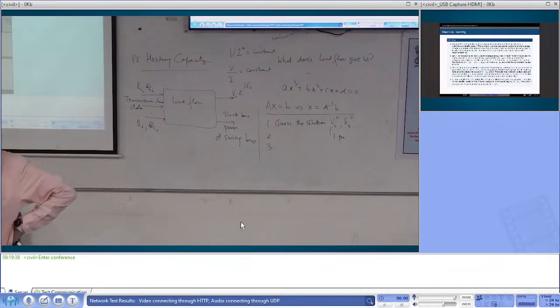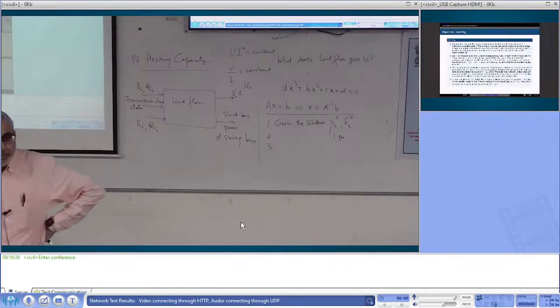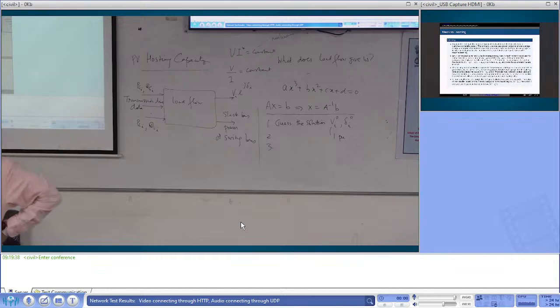That's why load flow and all these things are done in per units. You convert everything to per unit and guess one per unit.